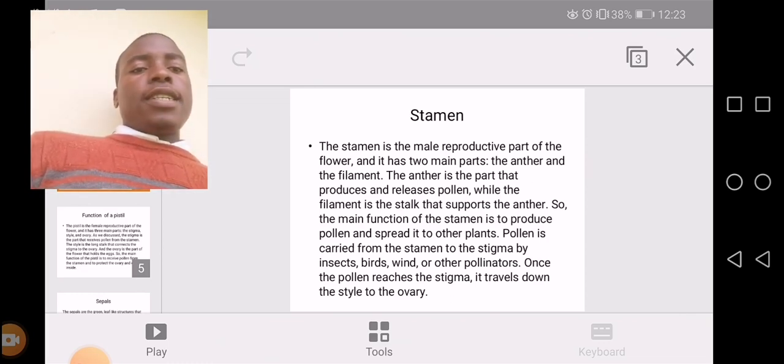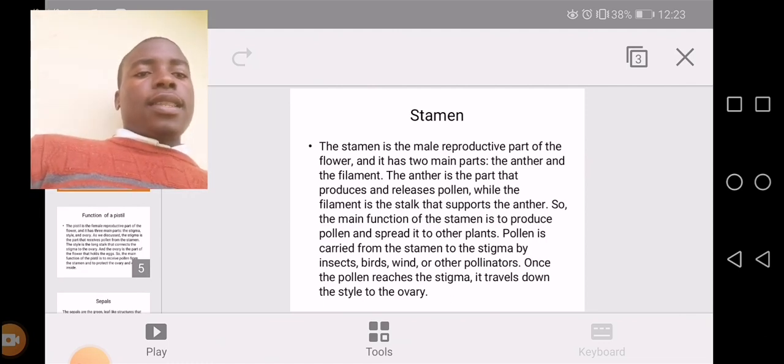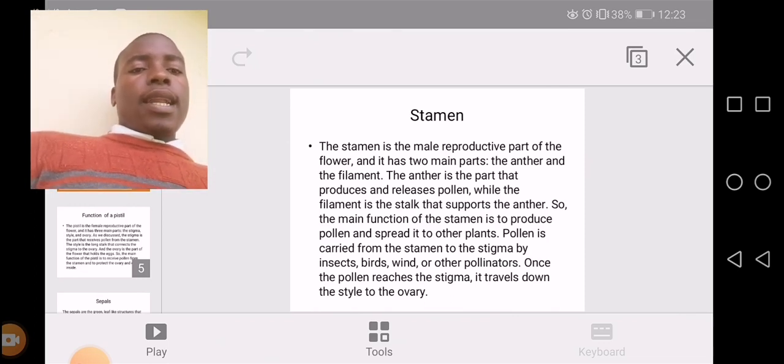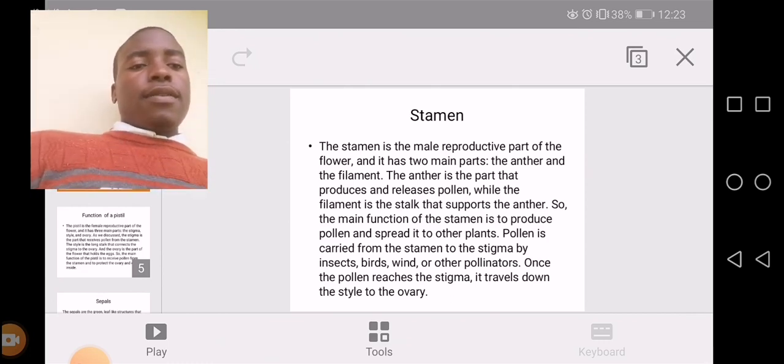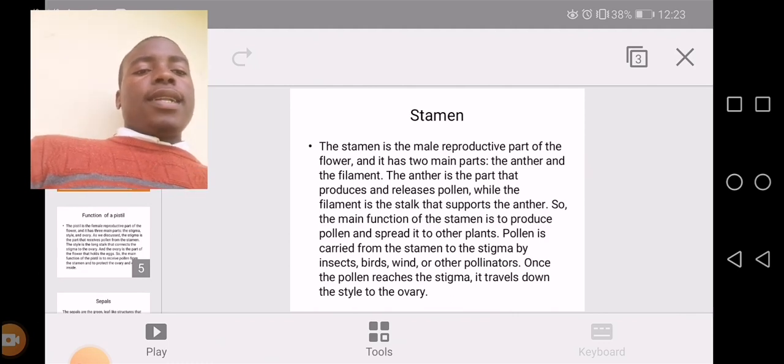So the main function of the stamen is to produce pollen and spread it to the female part of the flower. The pollen is carried from the stamen by insects or birds to the stigma, or by wind in wind pollinated flowers, but this is an insect pollinated flower. Once the pollen reaches the stigma, it travels down the style to the ovary.